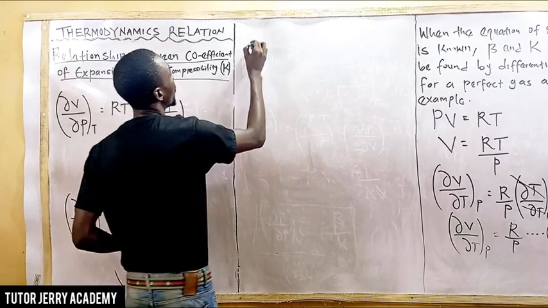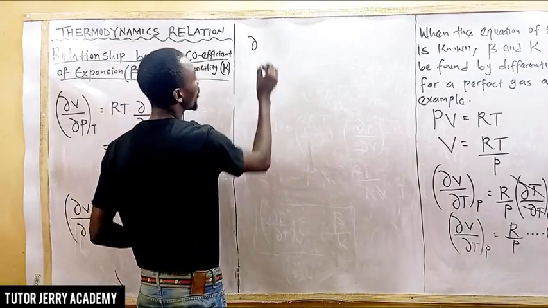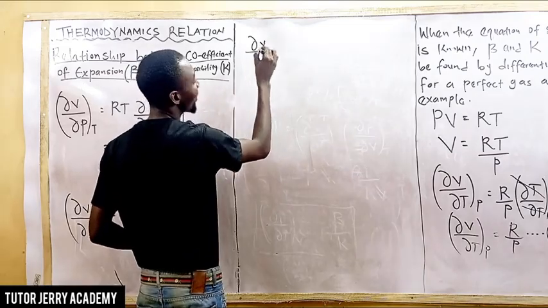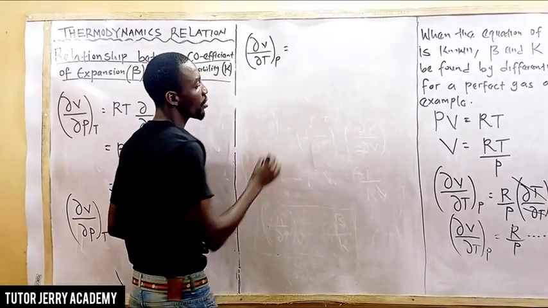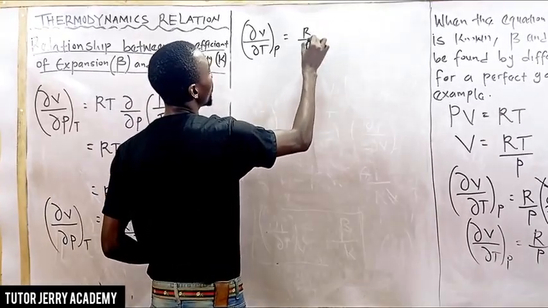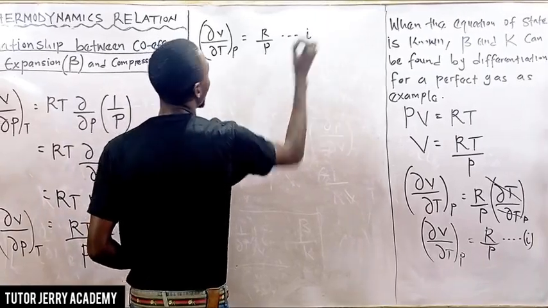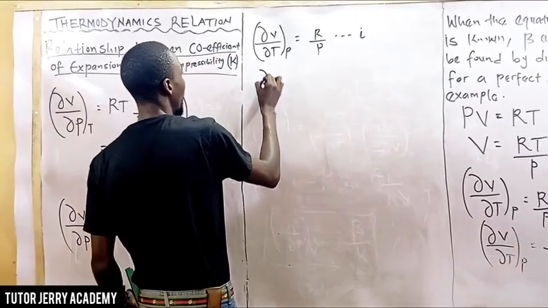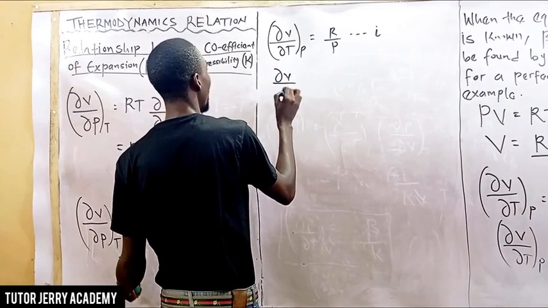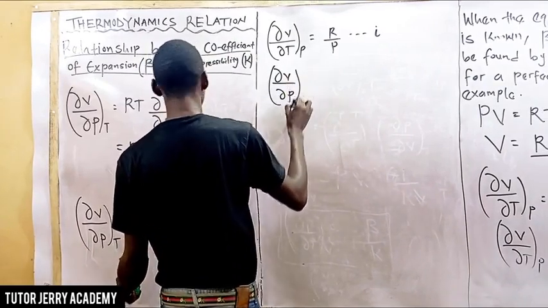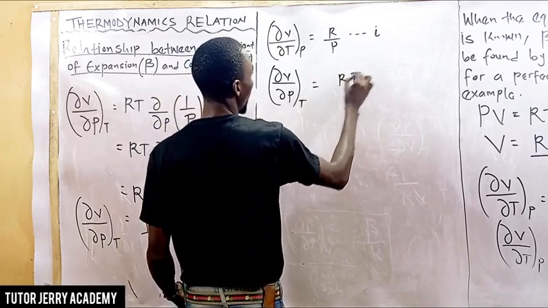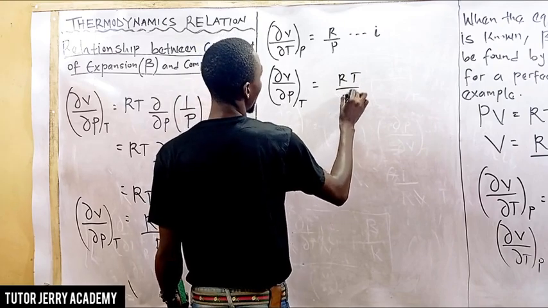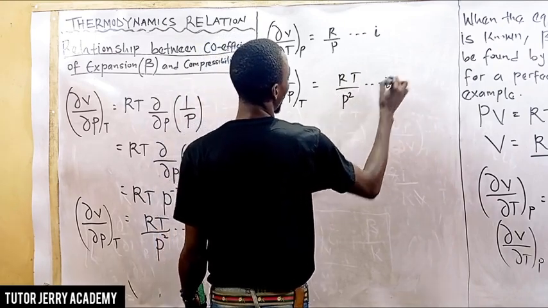We are going to have the partial differentiation of V over the partial differentiation of T, keeping P constant, will be equal to R over what? P. Then this one is going to give us the partial differentiation of V over the partial differentiation of P, keeping T constant, will be equal to RT over what? Over P squared. All right.